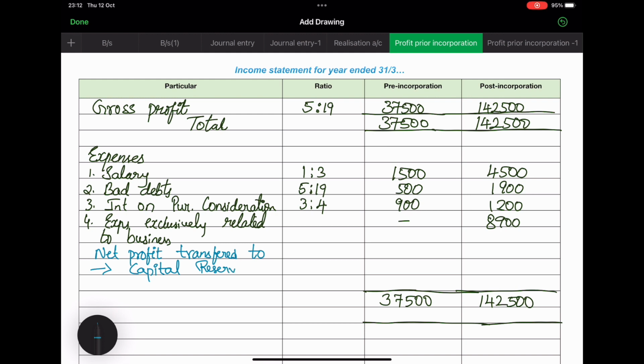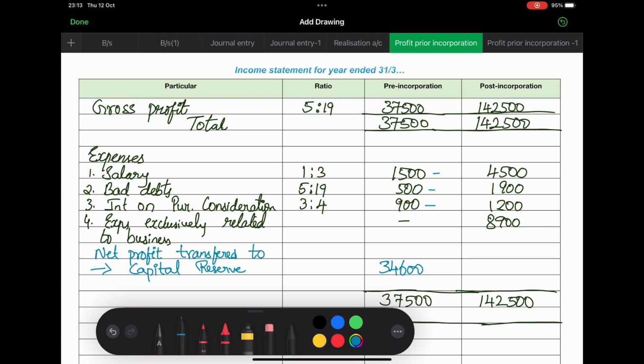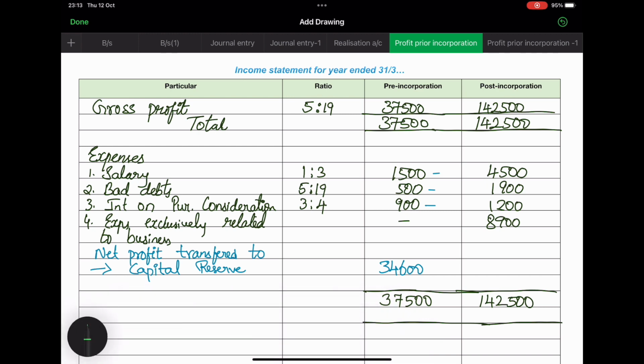It will be transferred to capital reserve because the expenses are very low. So 37,500 minus 1,500, minus 500, and minus 900. The value is 34,600. That is the net profit transferred to capital reserve.